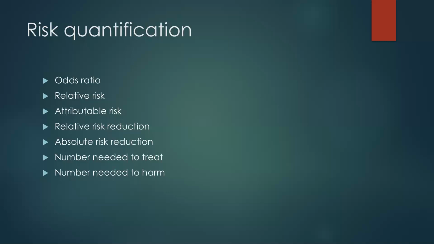Now, the next thing, attributable risk. Now, attributable risk, what is this? It is event rate of treatment or risk factor minus event rate of control.